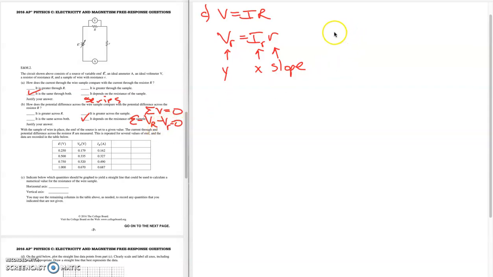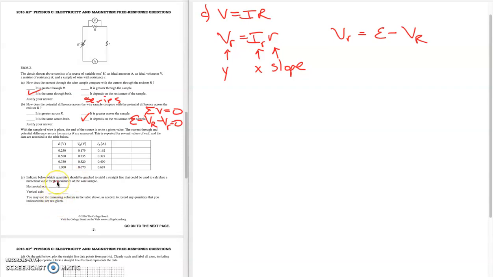The wire sample voltage is going to be the battery minus whatever was taken up by the big resistor. Hey, look at this. They gave us the battery and the voltage drop across the big resistor, so we can calculate the voltage drop across the wire sample, and that's going to take up one of our columns. We're not going to need the other column here.